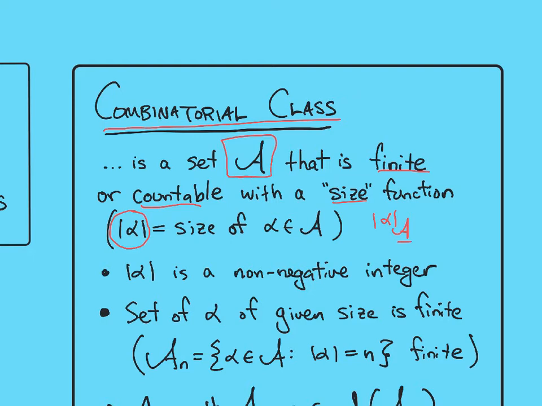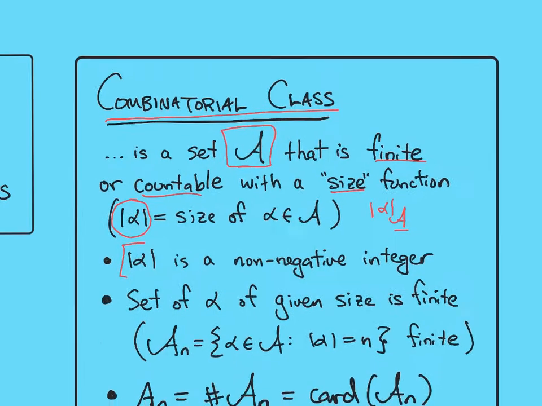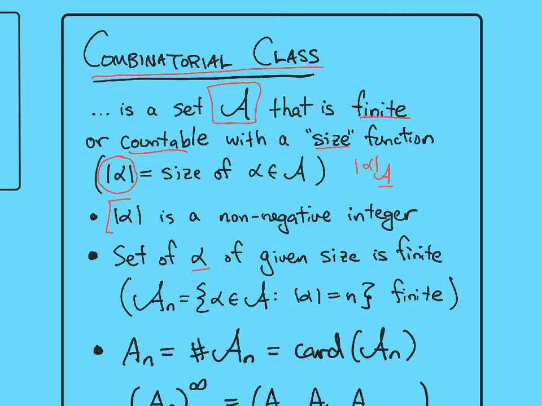And so size, we'll see in examples exactly how this plays into things, but for now the size function just needs to be a way of associating a non-negative integer to each thing in the class, and the set of elements of a given size has to be finite. So we'll usually write this, if our class is A, A sub n will be the set of things in the class with size n, and this has to be finite to be a combinatorial class.